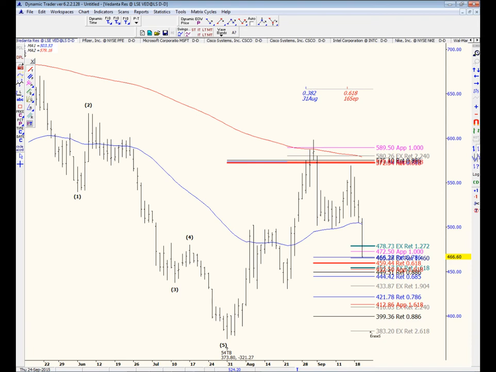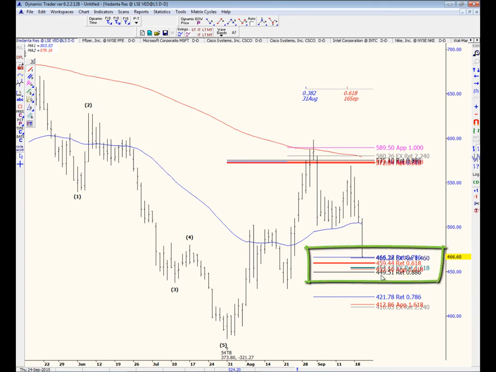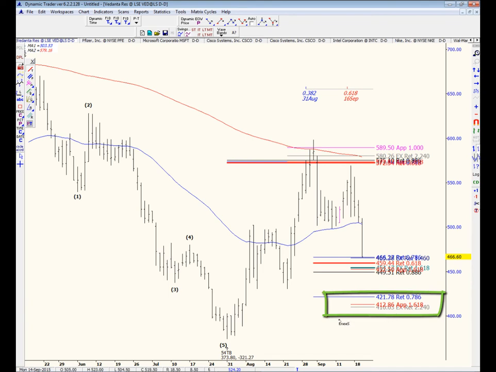So if I clear away the ratios that don't fall together within a relatively narrow price range, here we can see that we have quite a significant zone around here. So at 466 to 449, and then we have three ratios at 421 to 410. Now, there's a number of things you can do at these points, guys.